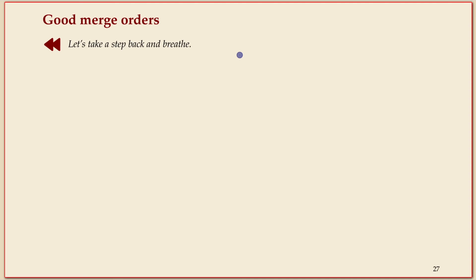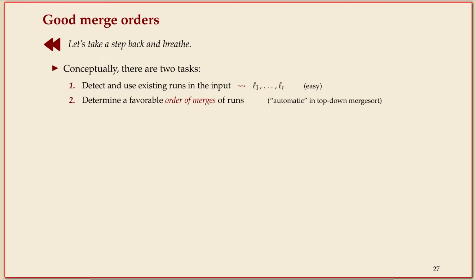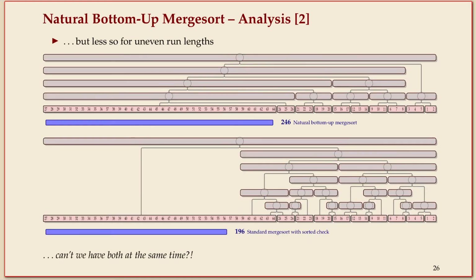And so sometimes it can help to go back to first principles and think about what we want. We like the idea of picking up existing runs. For that, I think what we want ideally is to leave the first one, the one that's sorted, untouched, then apply a certain algorithm to the rest of the list, and then combine it at the last step.